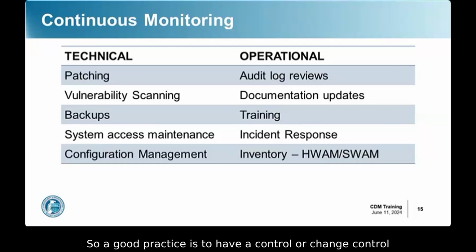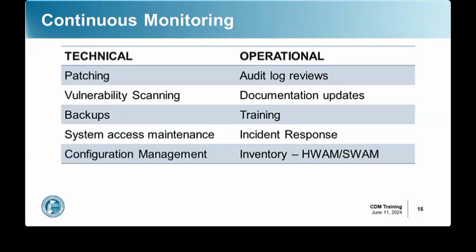So a good practice is to have a change control board, or CCB, in order to monitor and approve or disapprove changes to systems. And so you want to have the system owners involved in that process, and then whatever stakeholders, to make sure that the time that you're making this change, it's not going to affect their operation. So maybe you have to do it in off-duty time, so overnight or early in the morning, late at night, those kind of things to implement those changes if it gets approved through the CCB.